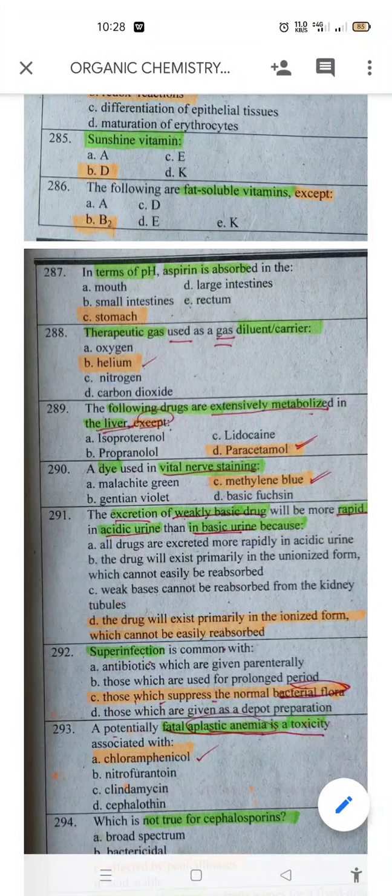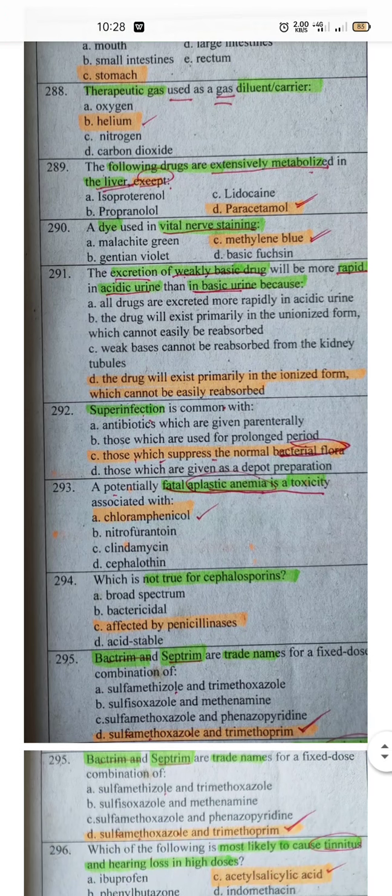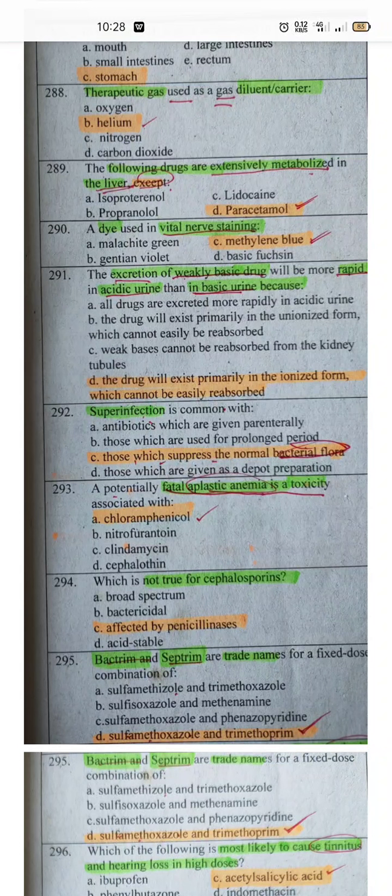Your isoproterenol, propranolol, and lidocaine are extensively metabolized in the liver. 290, a dye used in vital nerve staining is your methylene blue. 291, the excretion of a weakly basic drug will be more rapid in acidic urine than in basic urine because the drug will exist primarily in the ionized form, which cannot be easily reabsorbed.